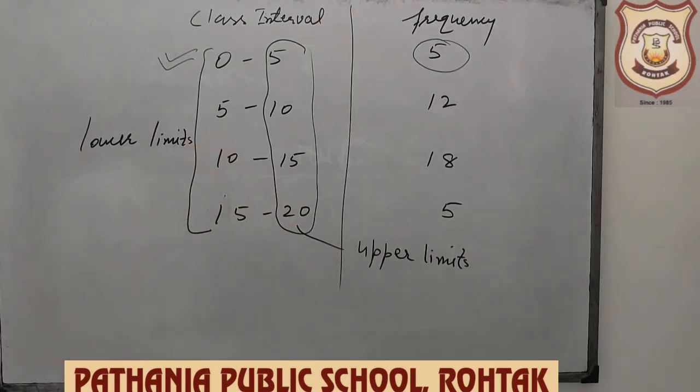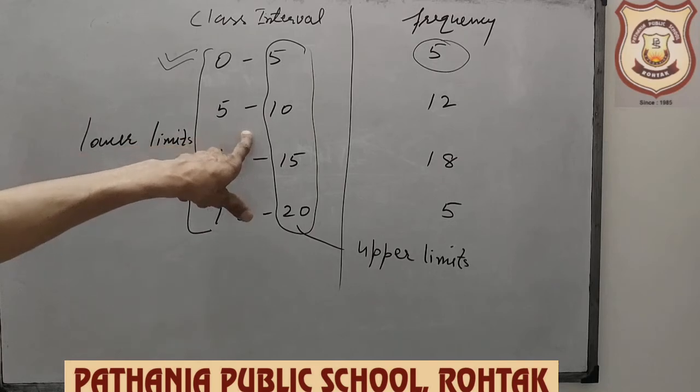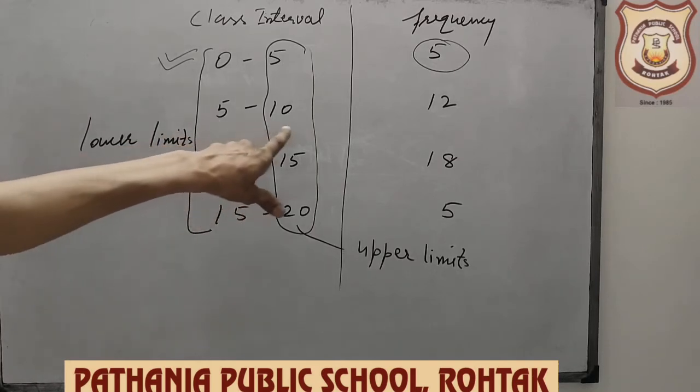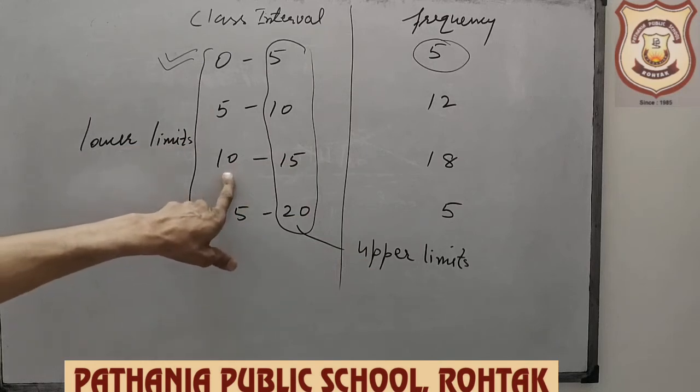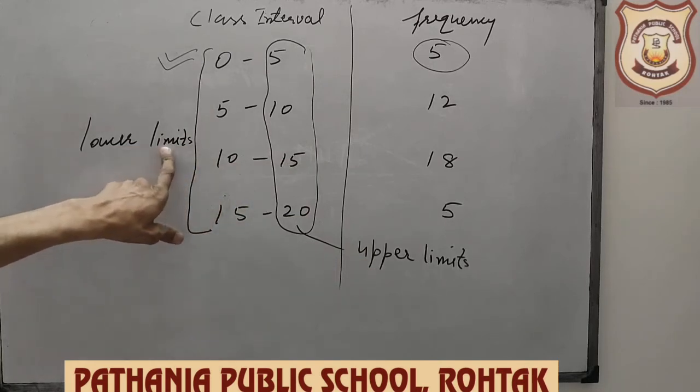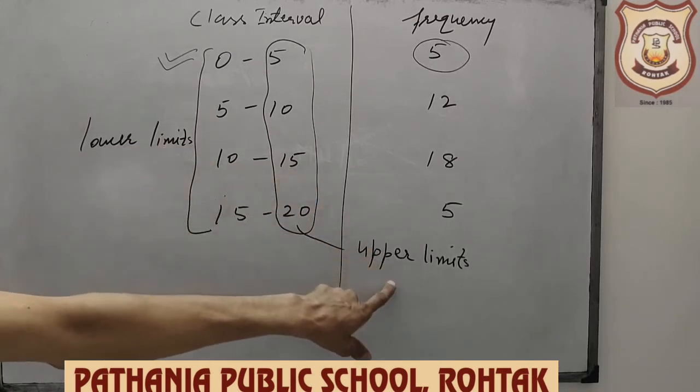In the second class interval, the lower limit is 5 and the upper limit is 10. In the third class interval, the lower limit is 10 and the upper limit is 15.